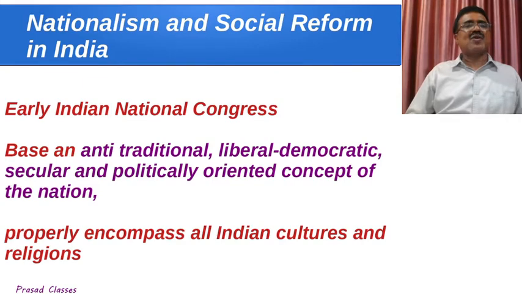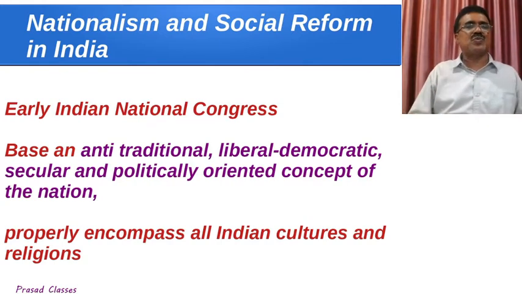So the early Indian National Congress based its ideology on an anti-traditional, liberal democratic, secular and politically oriented concept of the nation, right? That they were taking as the basic idea regarding the nation. Anti-traditional means rejecting the hierarchical organization of the nation.